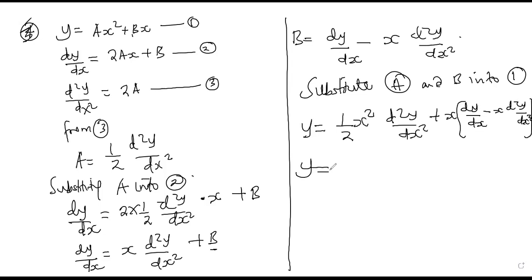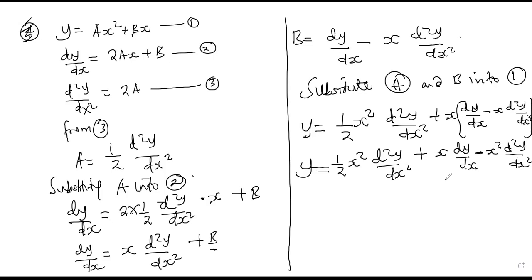So it means that our y is going to be equal to a half x squared d2y dx squared plus x dy dx minus x squared d2y dx squared.